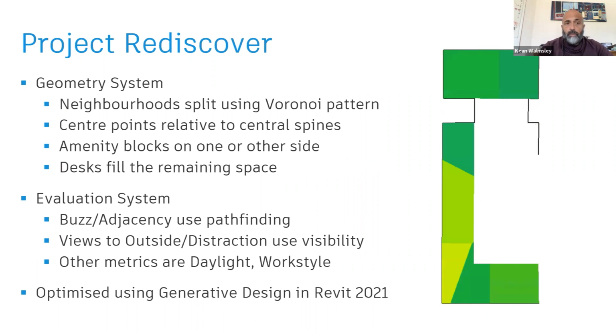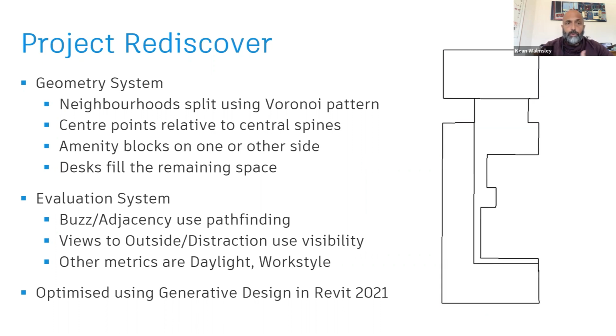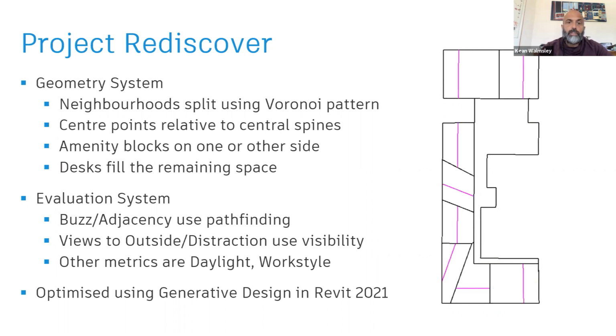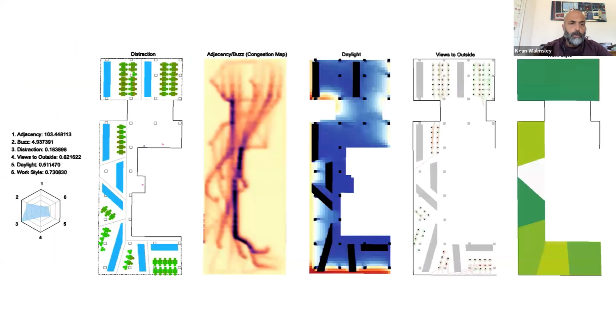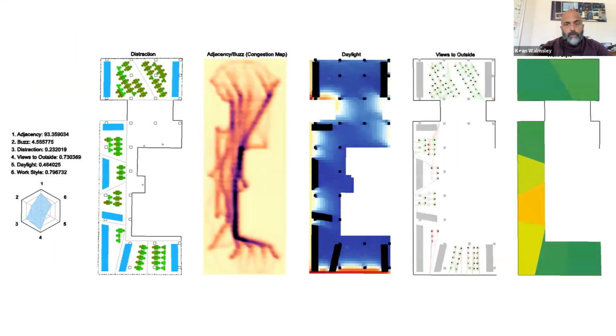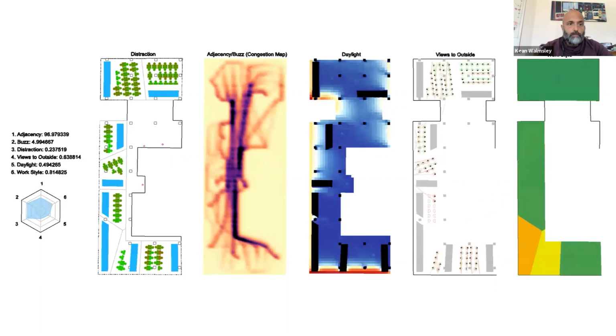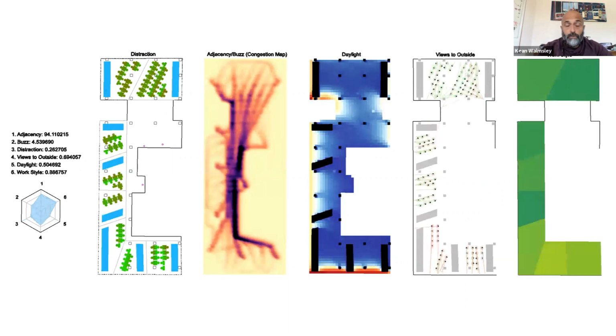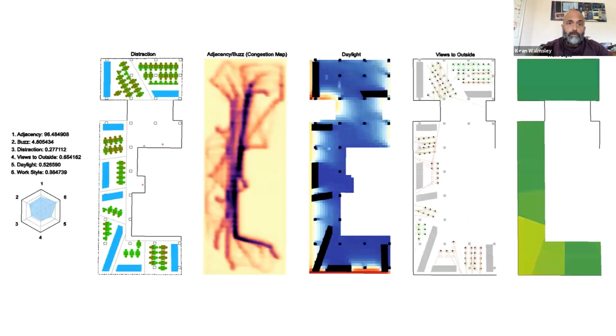And finally, this whole parametric model that comprises the geometry system and the evaluation system can then be optimized using what was formerly known as Project Refinery, which is now the generative design feature in Revit 2021. So here's an image that's been captured, which shows many different designs that have been generated by that parametric model and the refinery system.